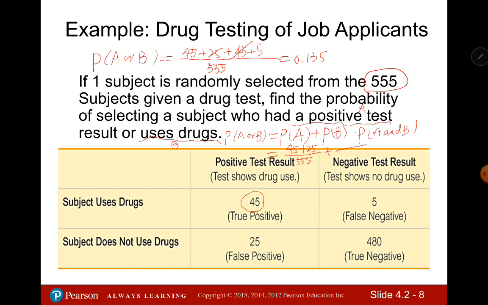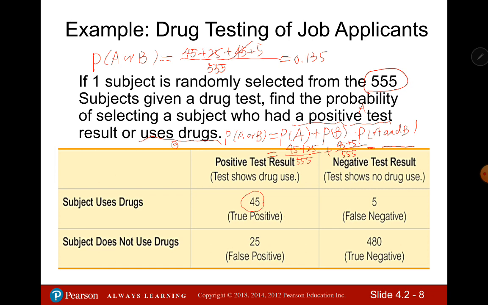Plus how many people use drugs. So we check the first row, 45 plus 5, divided by the total number we have. But we should minus both got a positive result and use drugs, which means the true positive.